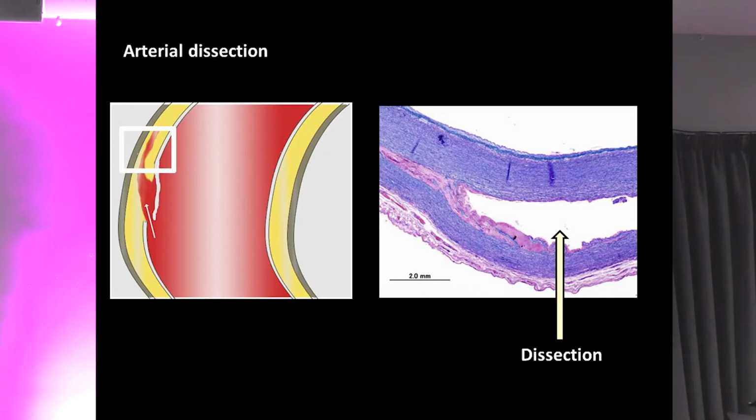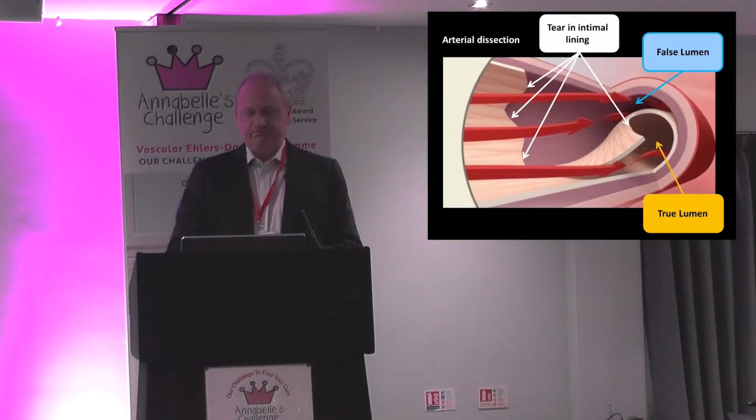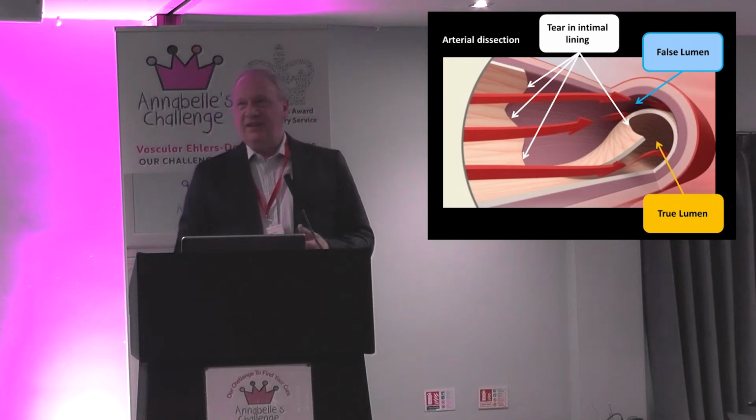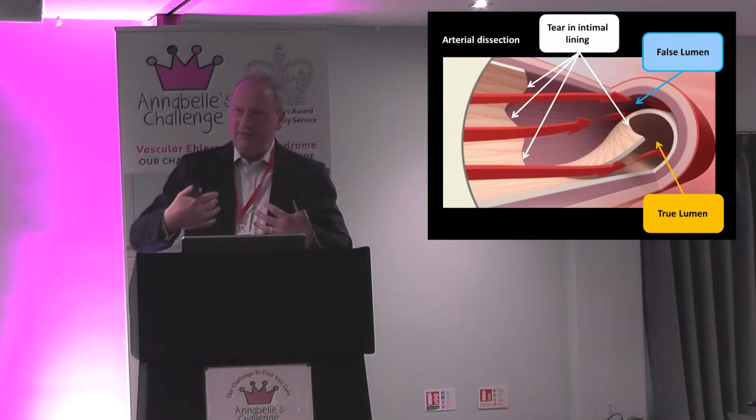If you look at this schematic of the false lumen occurring, and we compare that with the microscopic histological structure, you can actually see here a physical hole, cleft, plane in the artery where the blood has rushed through to cause a dissection. This is another way of looking at it. The internal lining of the artery has been torn away.